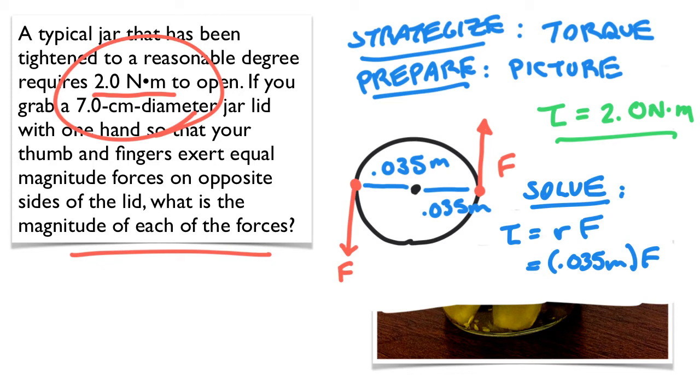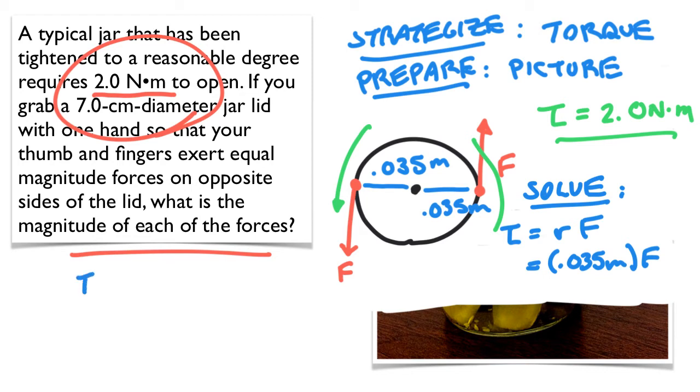But check this out. The force on the left makes the jar lid rotate counterclockwise. The force on the right also makes it rotate counterclockwise. And so I'm going to sum my two torques. They are both in the same direction as far as the rotation is concerned. So my total torque is just going to be equal to twice the original torque.